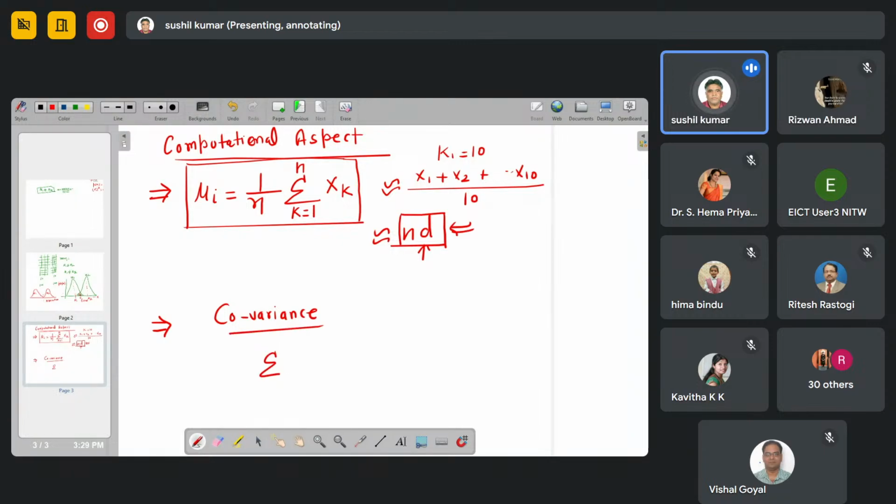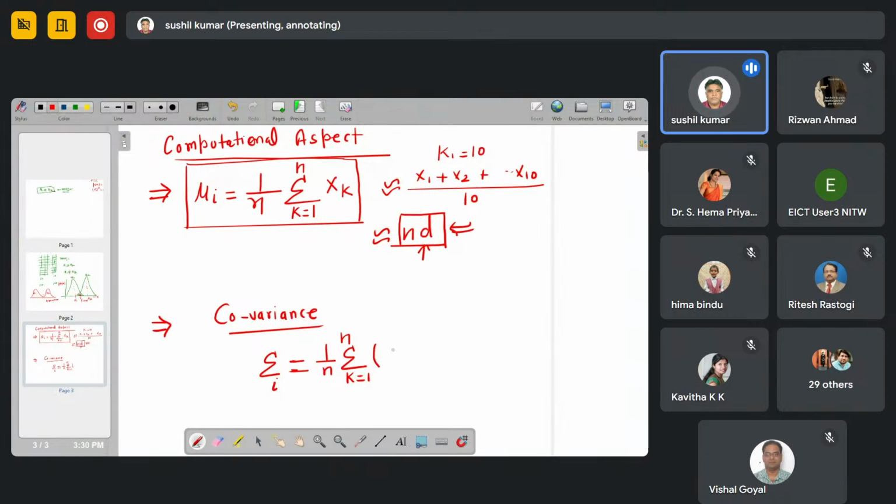So what is the formula of covariance? That is 1 divided by n, sum over k is equal to 1 to n. There is no doubt in this equation.